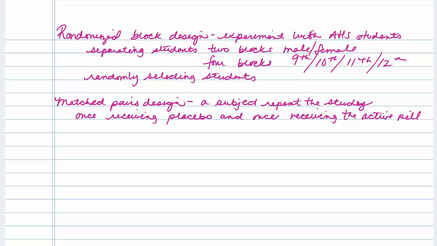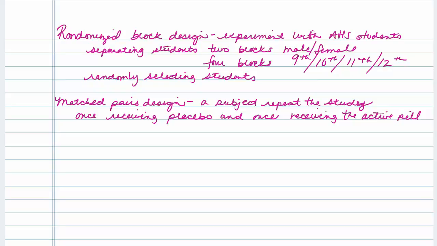You'd actually have to repeat the study, given a little time in between. You can't do it simultaneously, taking a placebo and the active pill; you would do it one after the other. But this would take out other lurking variables that could change the study.